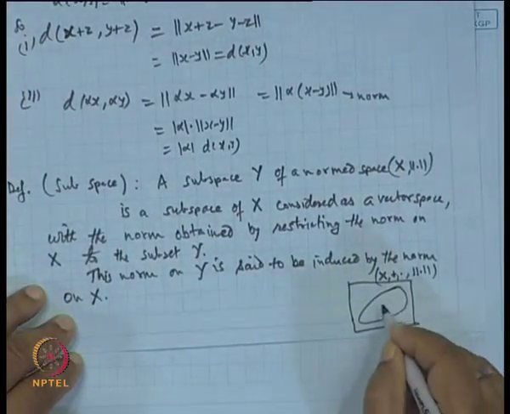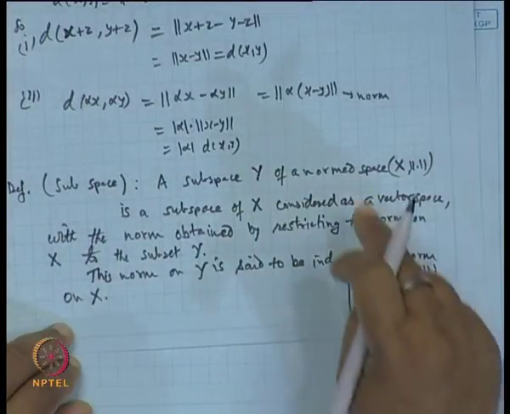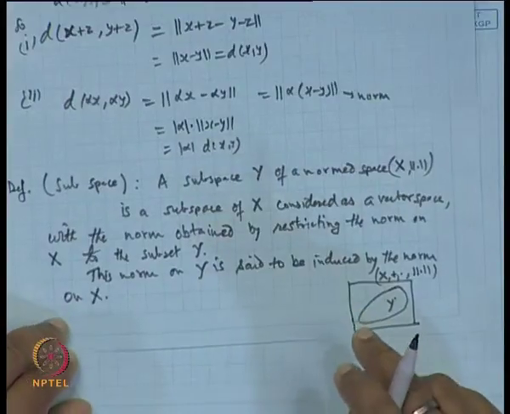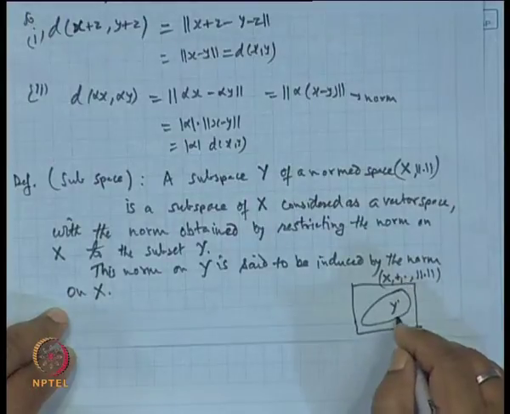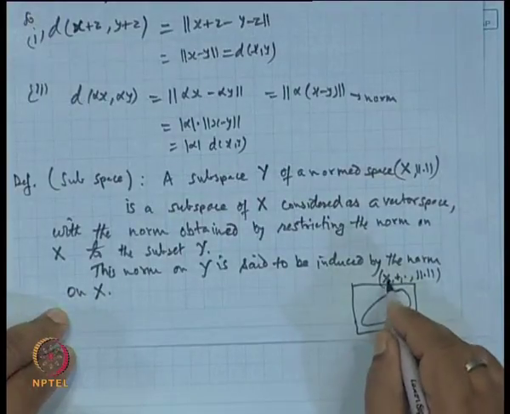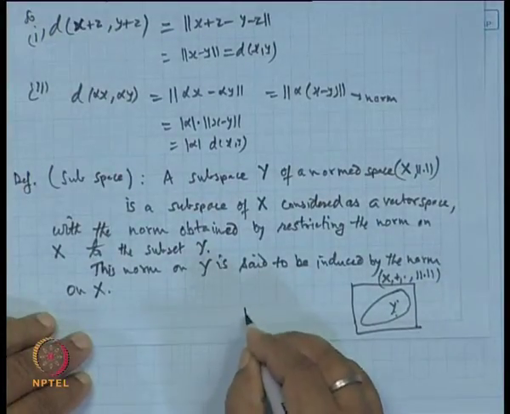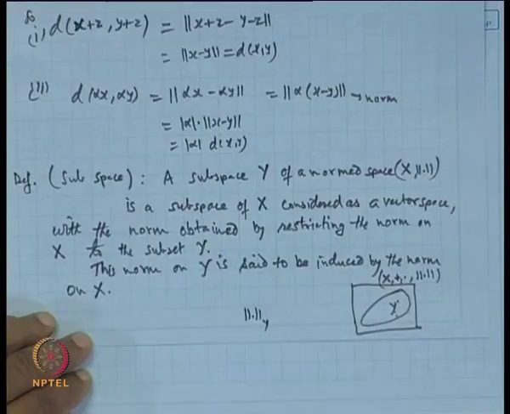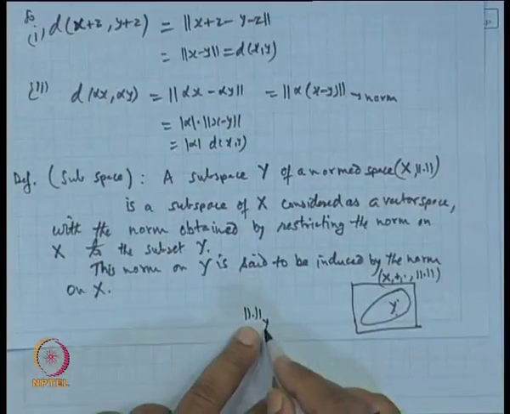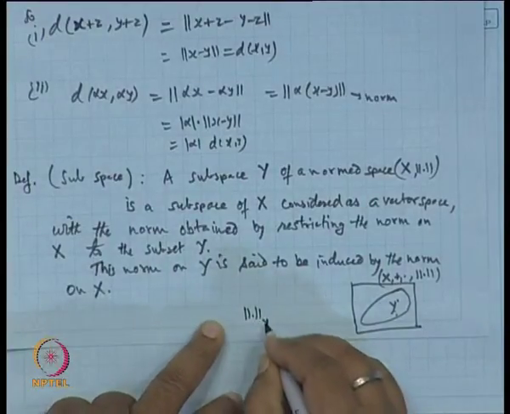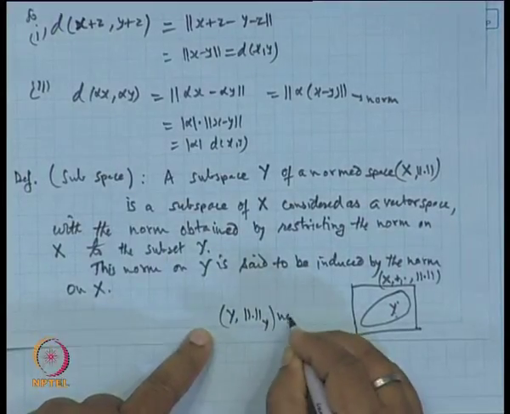Y, which is a non-empty subset of X, will form a subspace of a norm space if Y with addition and multiplication forms a vector space, that is, Y must be a subspace of X, and the norm of X restricted to Y must give a norm space.